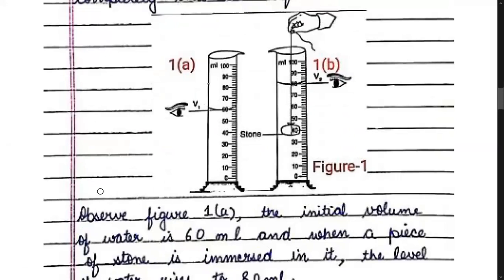Now you can see figure 1a, the initial volume of water inside the measuring cylinder is 60 milliliter. And when we put a piece of stone inside the liquid, the level of liquid rises.